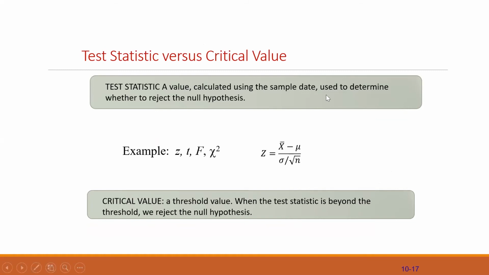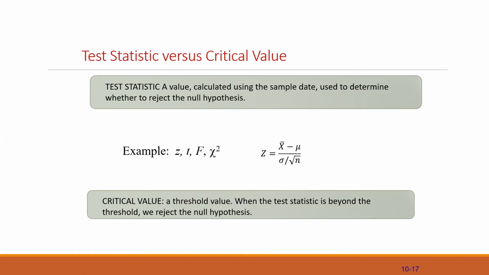You can take the test statistic as a summary from the sample data that we use as evidence in support of the alternative. Whether that test statistic is strongly supporting the alternative or not, we need to look at the decision rule.